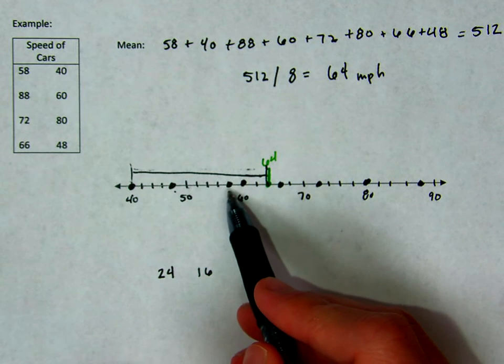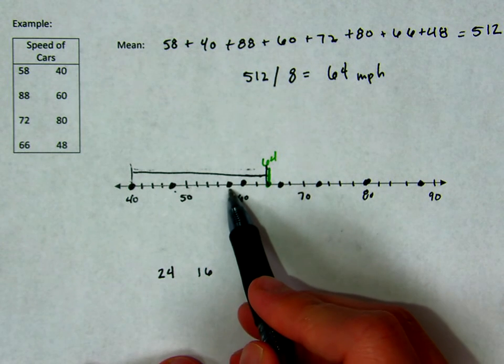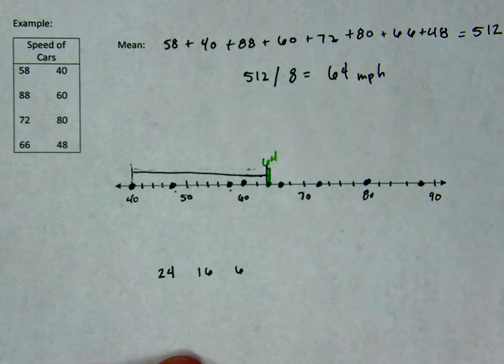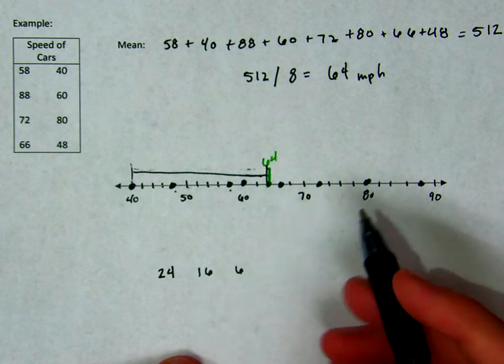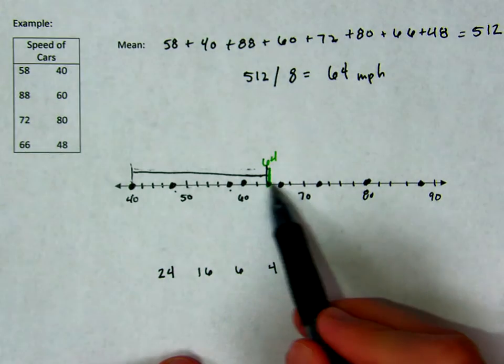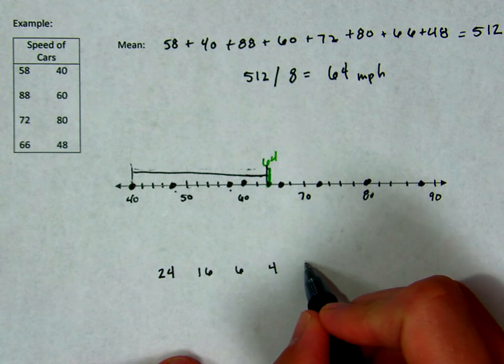Next one is, I believe, 58. The difference there is 6. From 60 to 64, our difference is 4. From 64 to 66, our difference is 2.